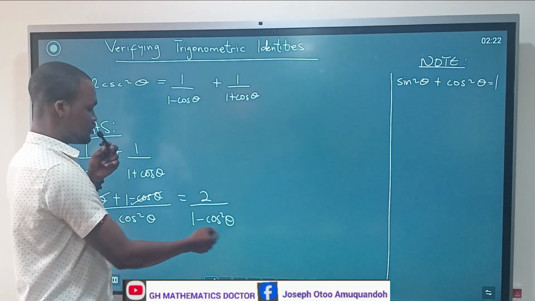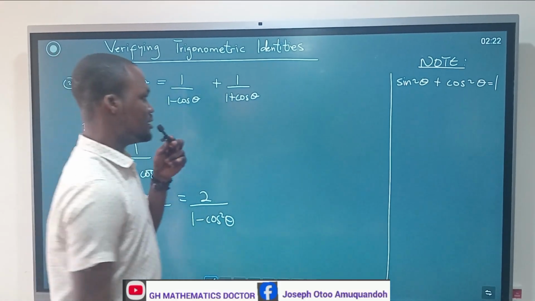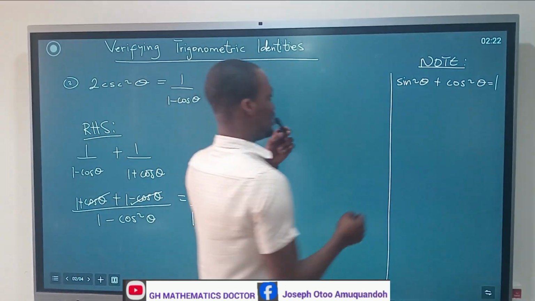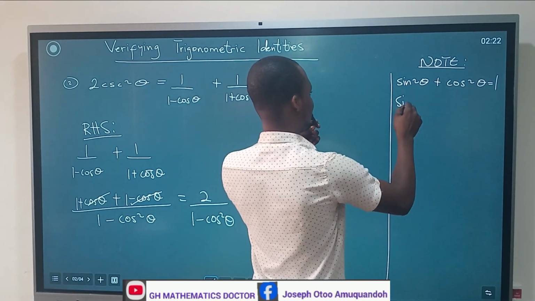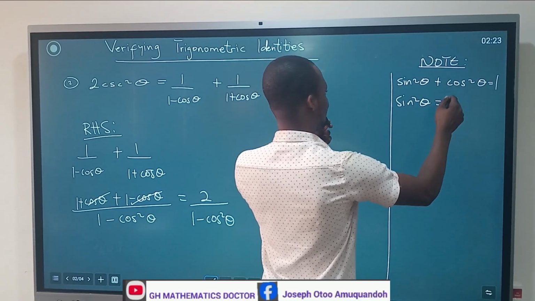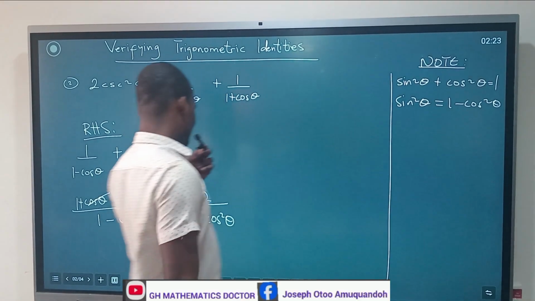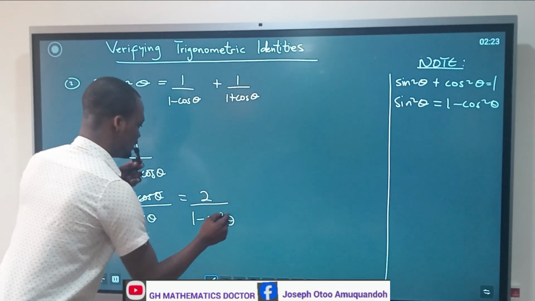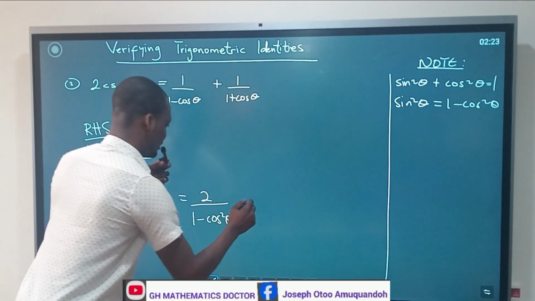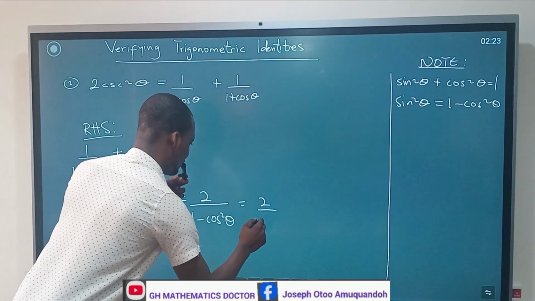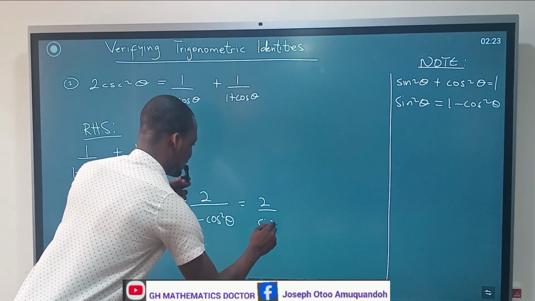So we can deduce from our basic identity that 1 minus cos square theta will give you sine square theta. So the denominator is equal to sine square theta. So you have 2 over sine square theta.